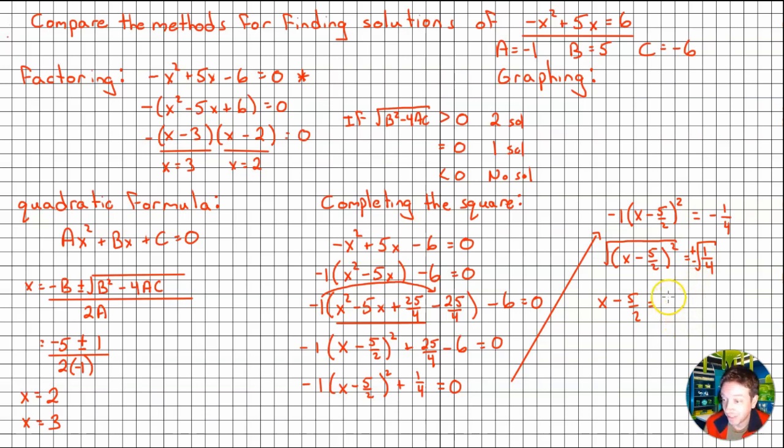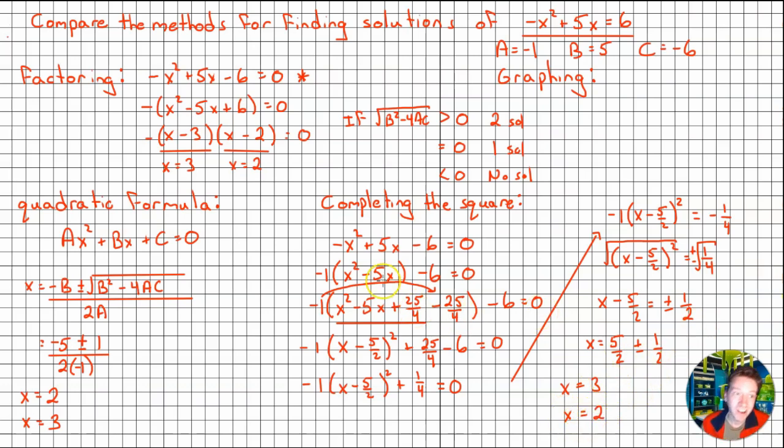That is plus or minus 1/2. So now when we solve for x, we bring the 5/2 over, we get 5/2 plus or minus 1/2. So if we add 1/2, we get 6 over 2, so that's x equals 3. And if we subtract 1/2, we get 4 over 2, so that's x equals 2.